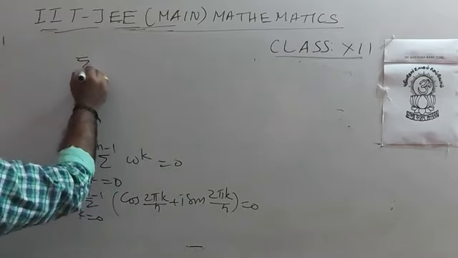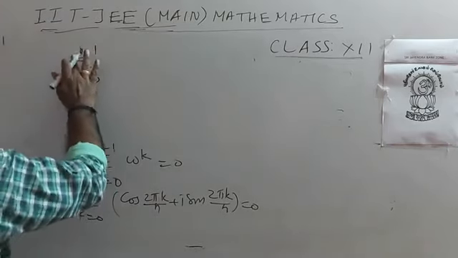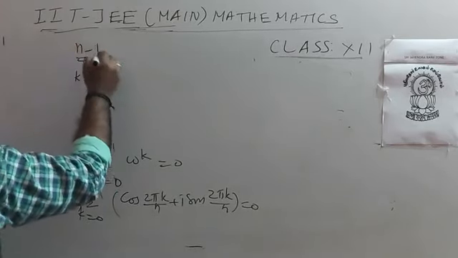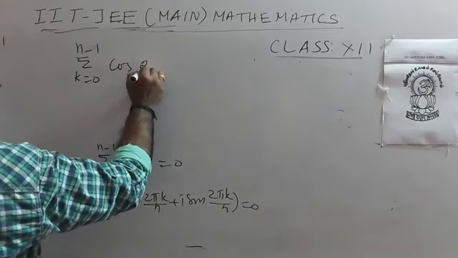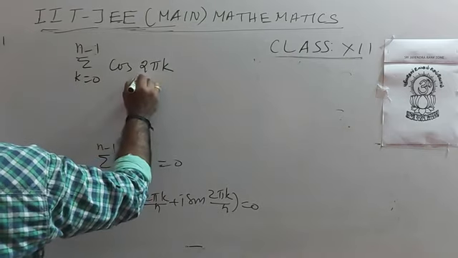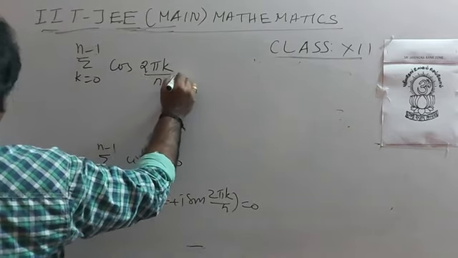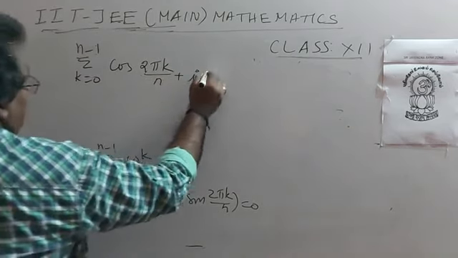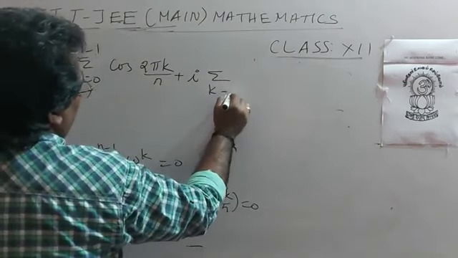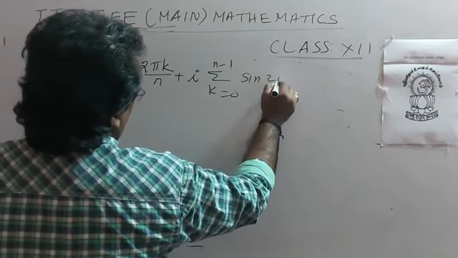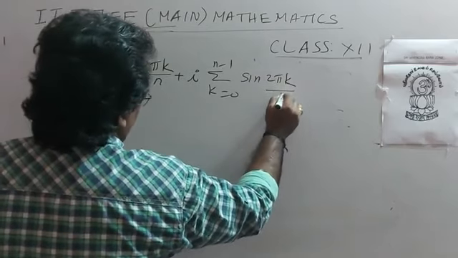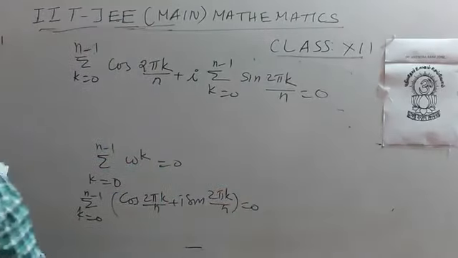Summation k equal to 0 to n minus 1 of cos 2 pi k by n plus i summation k equal to 0 to n minus 1 of sin 2 pi k by n equal to 0.